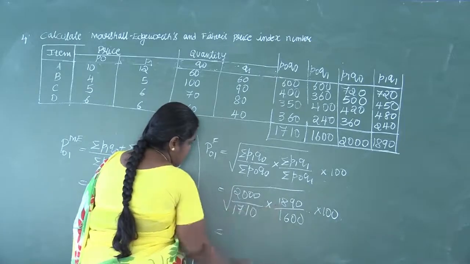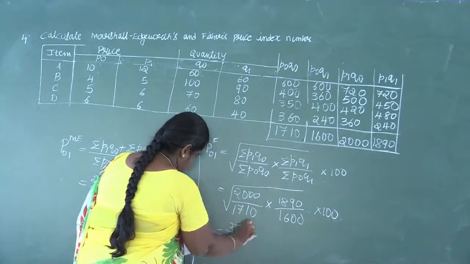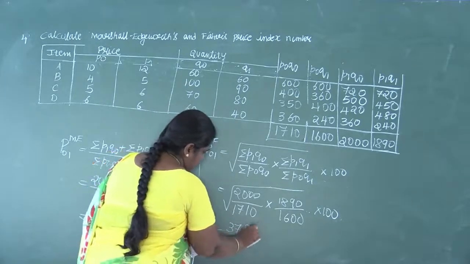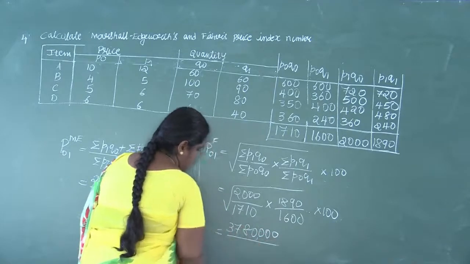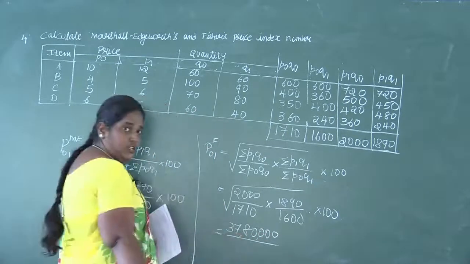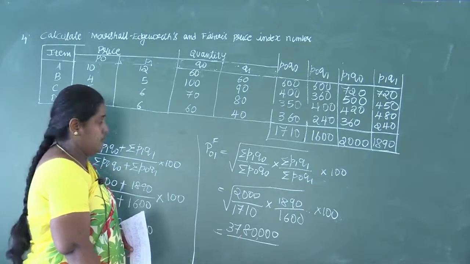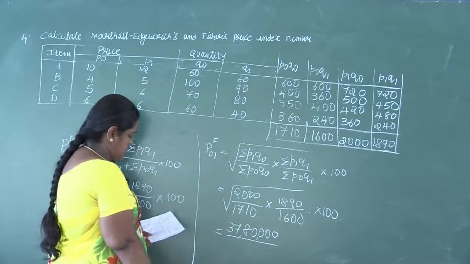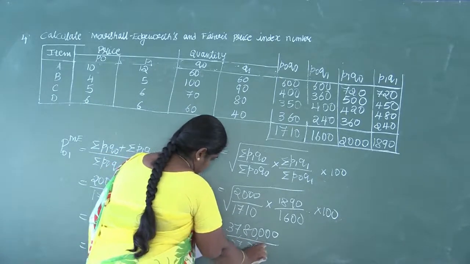So 2000 into 1890 is 378 and 4 zeros, 37,80,000, and 1710 into 1600 is 27,36,000.